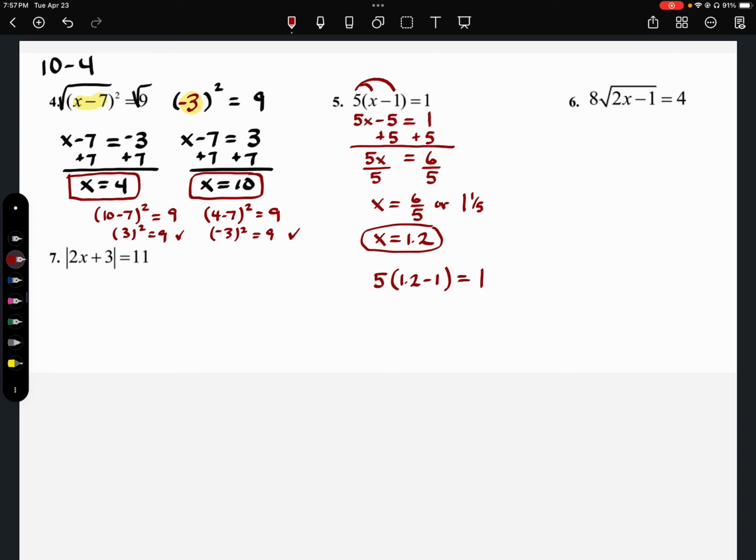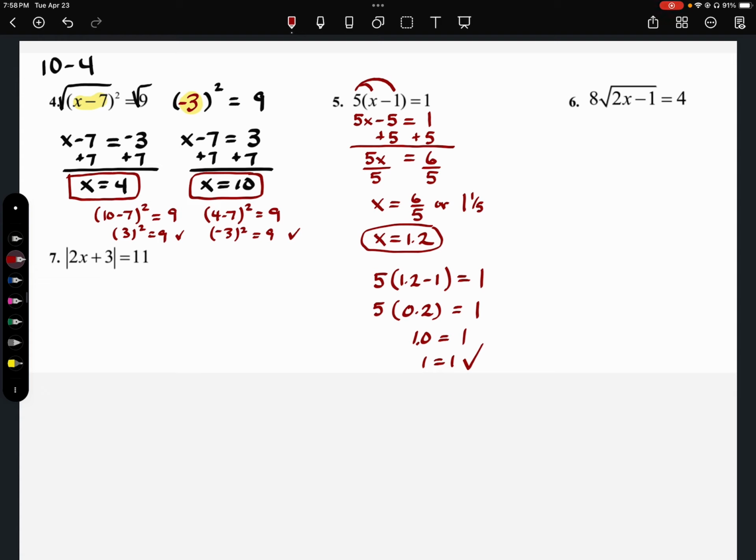Well, 1.2 minus 1 is going to be 0.2. And 5 times 0.2 is going to be, well, 5 times 2 is 10. We move our decimal back 1, so 1.0, right? So 1 equals 1, we know that we are correct. The answer there would be 1.2.